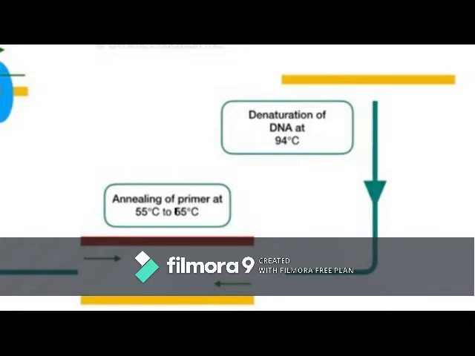A lower temperature leads to non-specific binding, while a higher temperature leads to failure in amplification. The annealing step runs for 45 seconds. If performed for more than 45 seconds, the DNA causes non-specific binding and primer dimers.